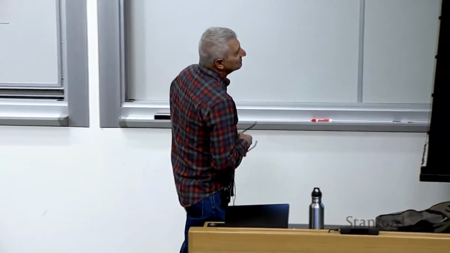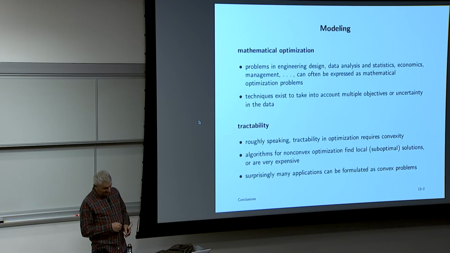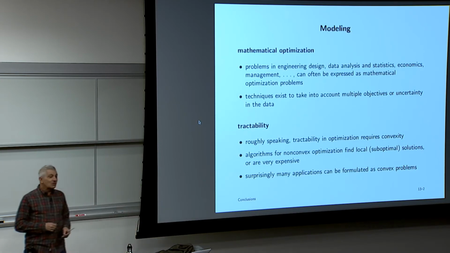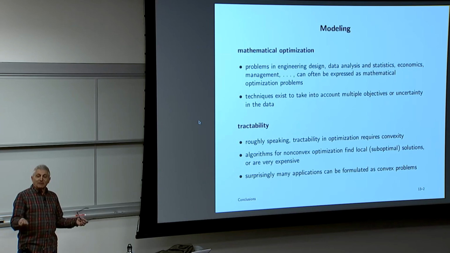Okay, so, basically, tractability, I mean, roughly speaking, but some people get really weird about this. The problems that are tractable are the ones which are convex, right? And there's people that get weird and extreme about this. I'm not one of them, but they would go through the undergrad CS course, and they'd say, you can find the shortest path in a graph from here to here.